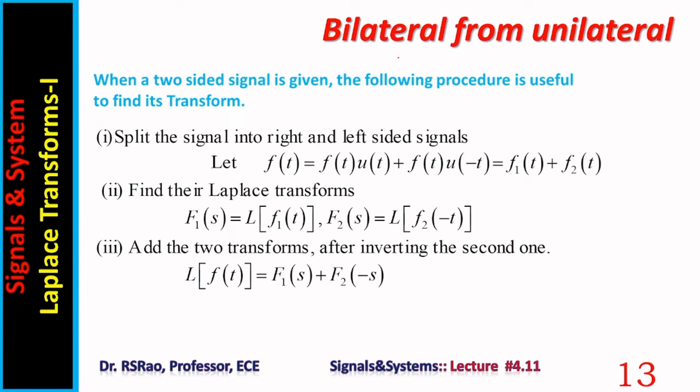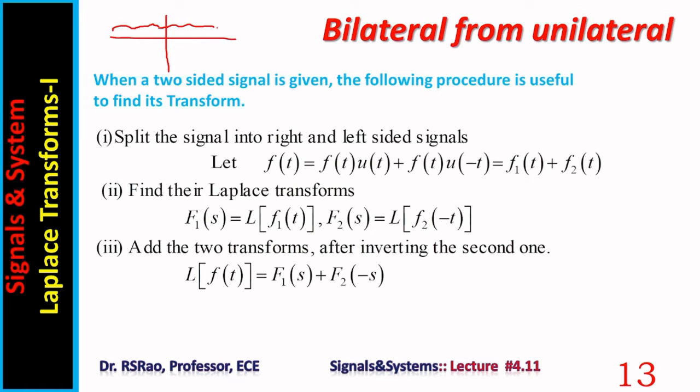Now we consider another aspect of Laplace transform. Let us suppose there is a signal and it is two-sided. Here is a signal which is two-sided. It is there on positive side, it is also there on negative side. Then how to get its Laplace transform with unilateral transform?